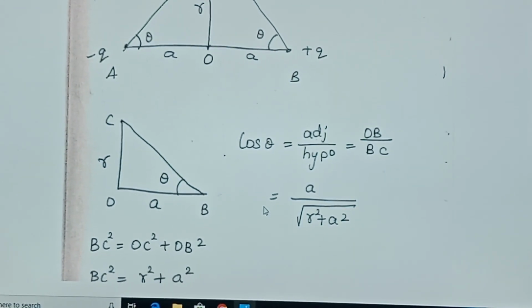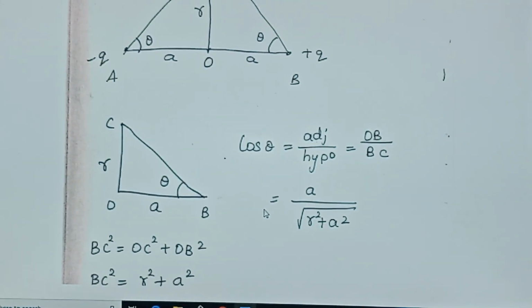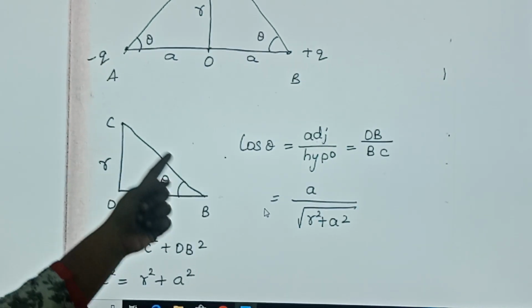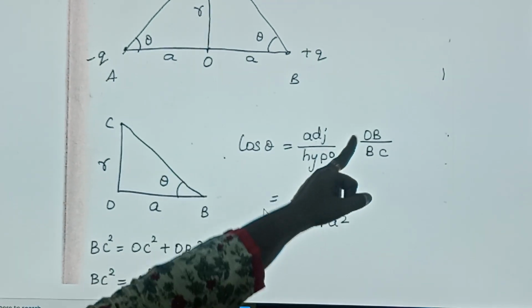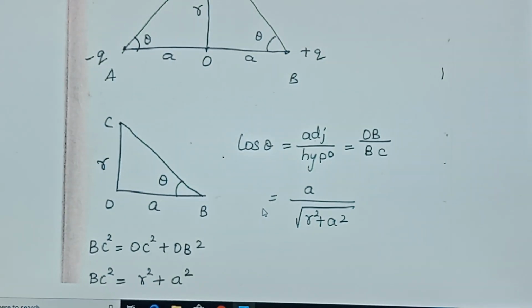Now when you consider the formula, cos theta is given by adjacent by hypotenuse. When you see this, what is adjacent is this side and hypotenuse is this. So I am going to write OB divided by BC. So the OB term is A divided by BC.